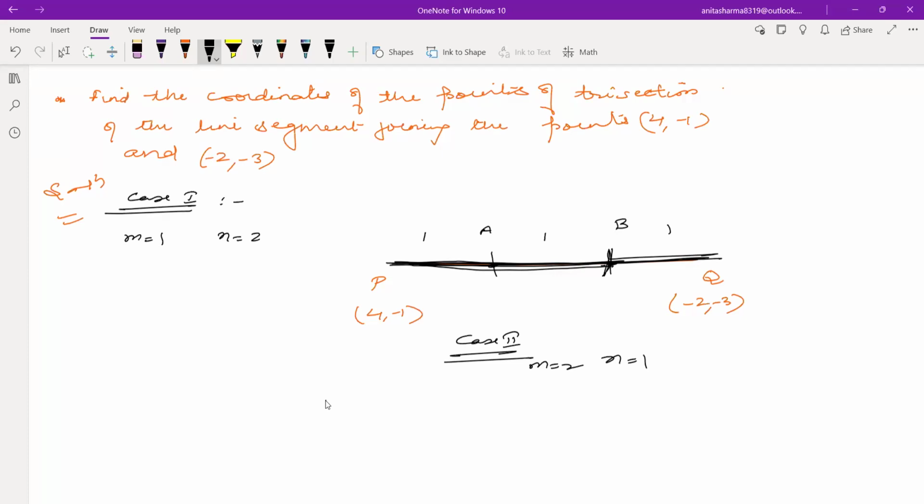Ma'am, I got case 1 as 2 comma minus 5 by 3. Okay. Ma'am, case 2 I got 0 and minus 7 by 3. Siddharth, which coordinate, beta? A or B? Ma'am, case one you will get 2 comma minus 5 by 3 and second one will be 0 comma minus 7 by 3. Yes, ma'am. Got the same answer.